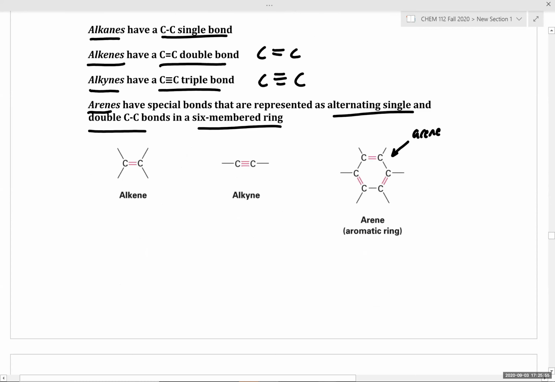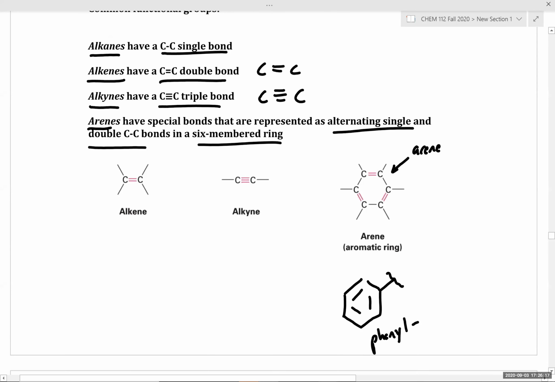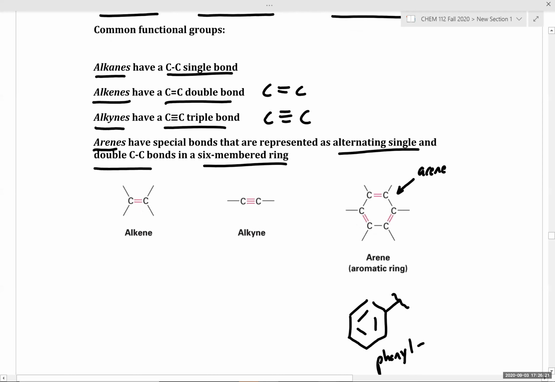And if we're looking at a very typical arene, this functional group here is known as a phenyl functional group. So we're now seeing our first set of functional groups, and you may ask, how are these functional groups represented?